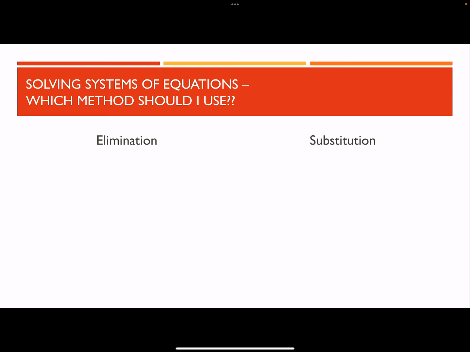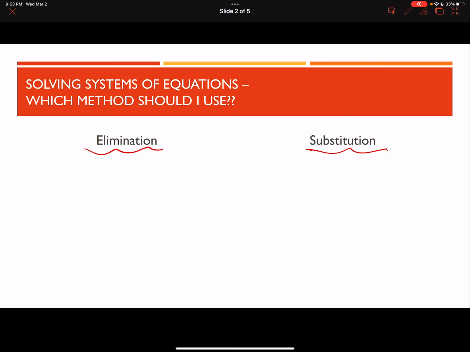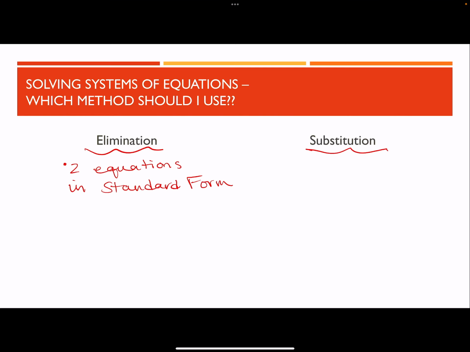So let's talk about the difference between elimination and substitution. I would use elimination when I have my two equations in standard form, in other words, like ax + by = c.